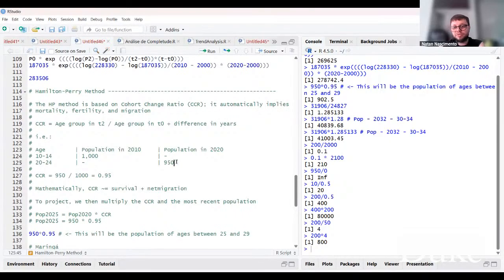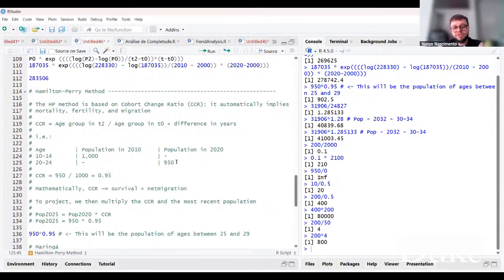So mortality grew, fertility grew a little bit as well, and migration did not. So this is already accounted for in the Hamilton-Perry method. Of course, if you do have this information, mortality, fertility, migration, you can do the cohort component one, the other one, not this one, which is the gold standard because it counts exactly that.